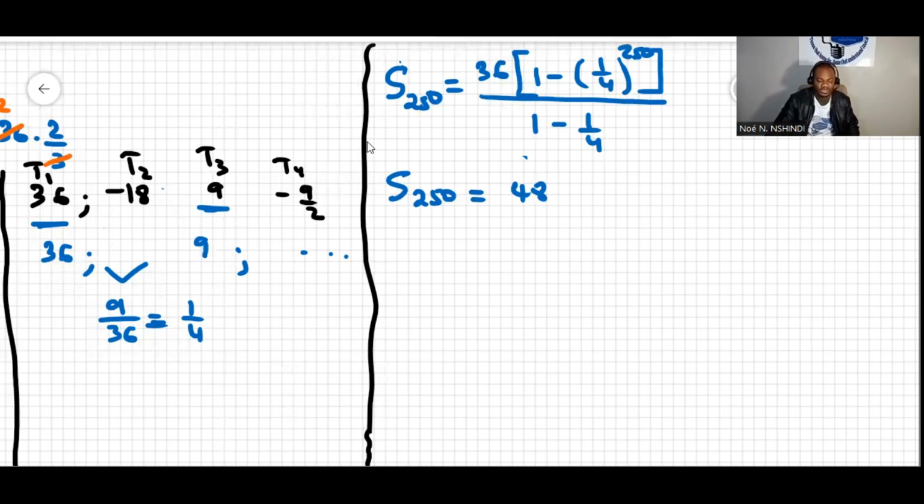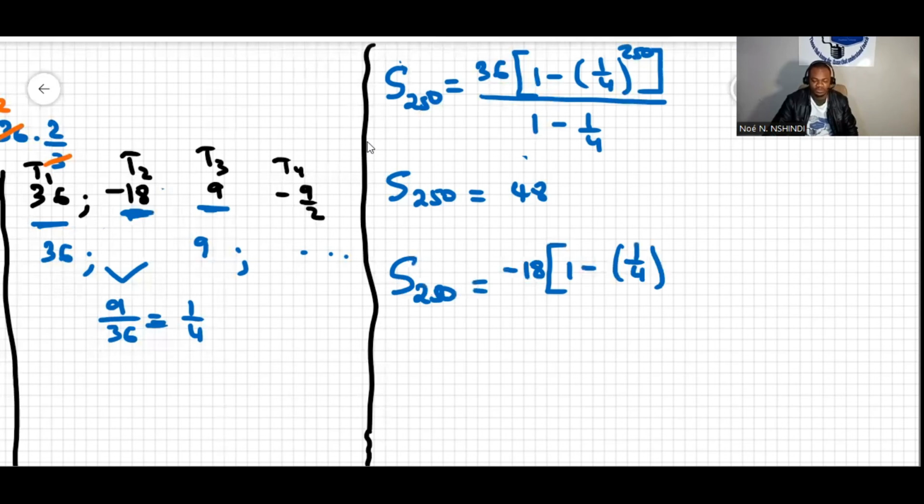Now let's do the other terms. The sum of the denominator, S250, will have the first term of -18 now, because this is the sum of the even terms. So that's going to be -18, open square bracket, 1 minus a quarter still, because the ratio will be to the power of 250, and then all over 1 minus a quarter.